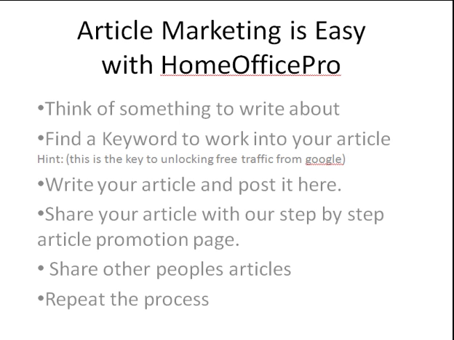So how do we get started? Well, article marketing is built right in with Home Office Pro. All you need to do is think of something to write about in your niche. So try and write about something that you can eventually bring them from that article and easily show them your business. So don't just write about your personal life, unless, like, I don't want to limit you to doing that.